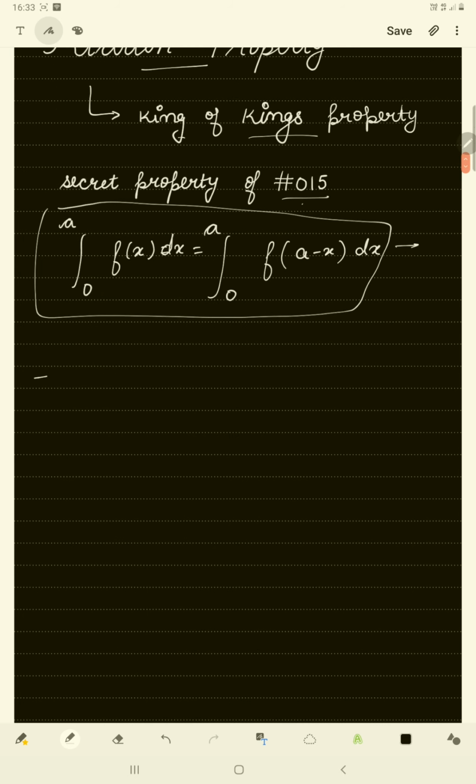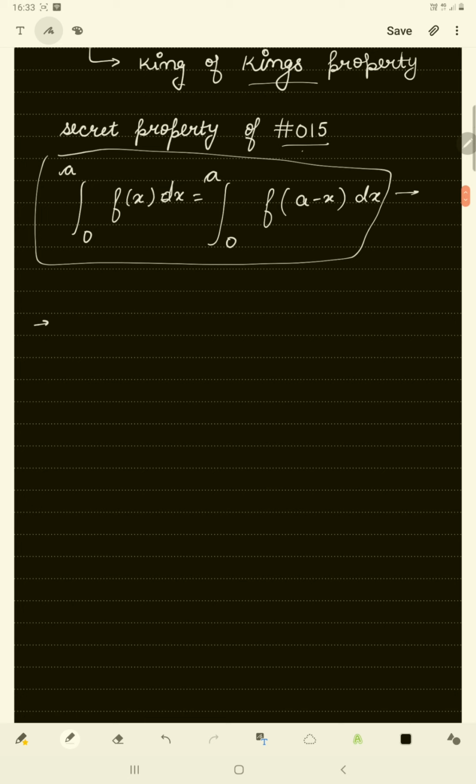The actual property that we are going to discuss today is defined with limits a to b, where a and b can be any natural numbers. When we have f of x and we integrate it with respect to x from a to b, we can just write it as the integral from a to b of f of a plus b minus x dx.